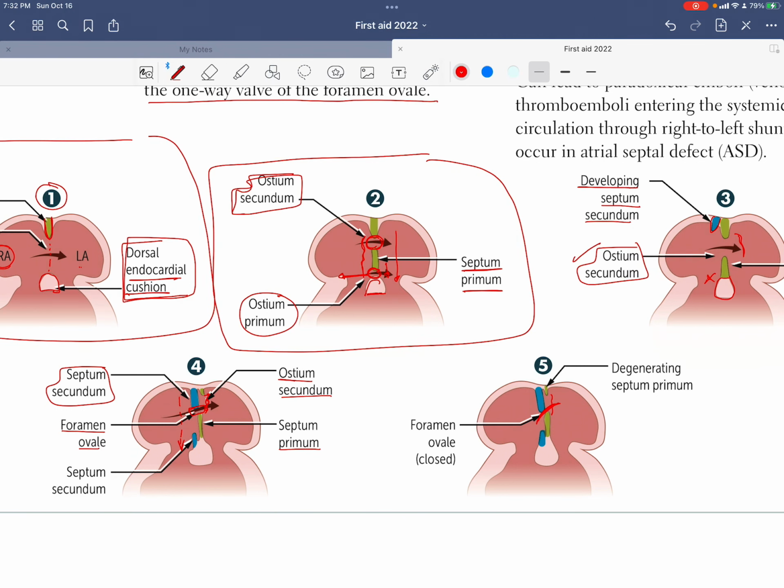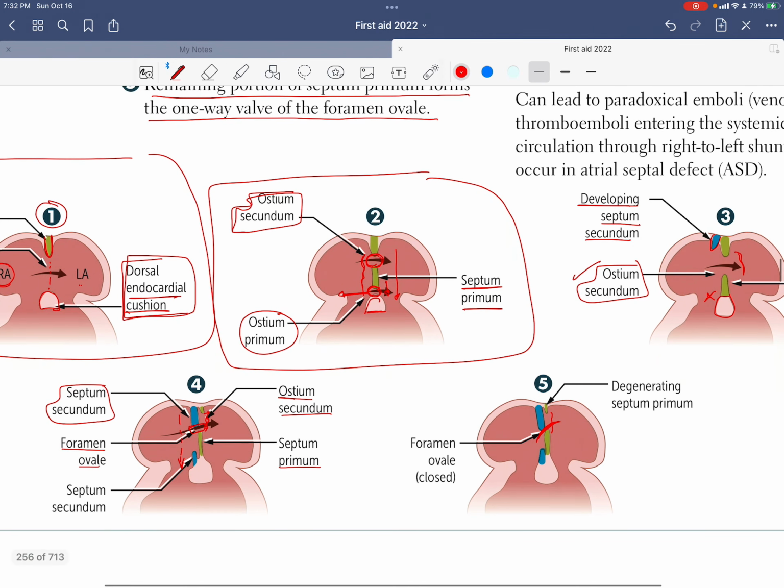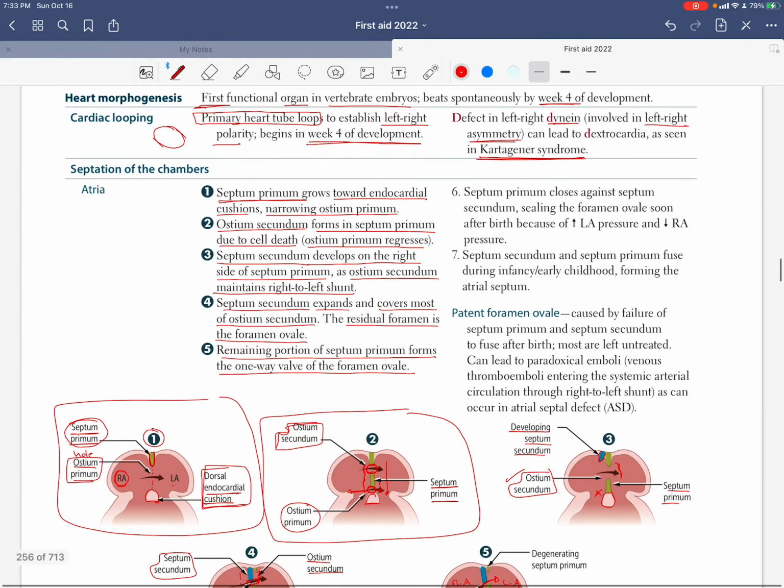So it still has some opening over here, and that's considered a one-way valve, which means it just lets the blood go from the right atrium to the left atrium, only this way. So it's only a one-way valve.